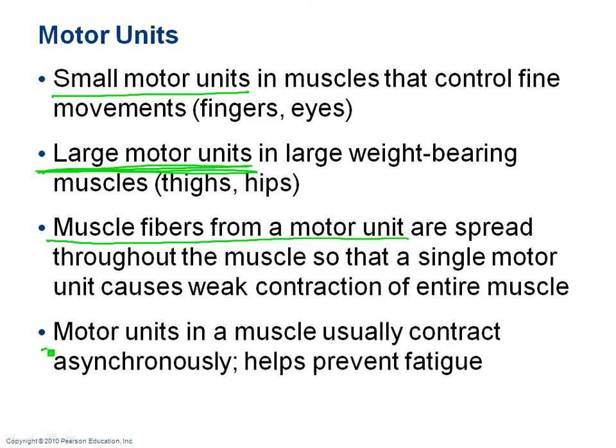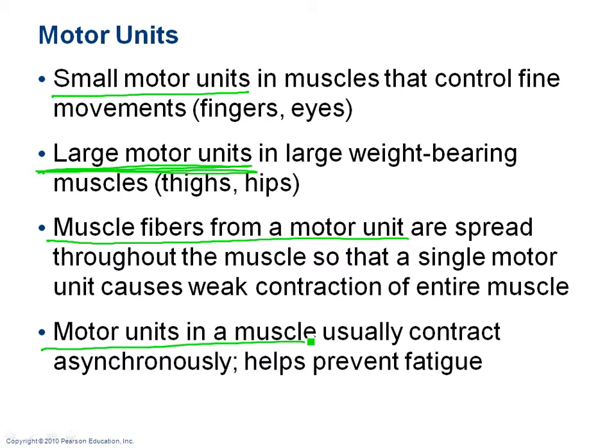An individual skeletal muscle is going to be divided up into many, many motor units. Even if you contract that muscle with as much force as you can, you're not going to simultaneously contract all of the motor units. If you did that, that muscle would fatigue really quickly.